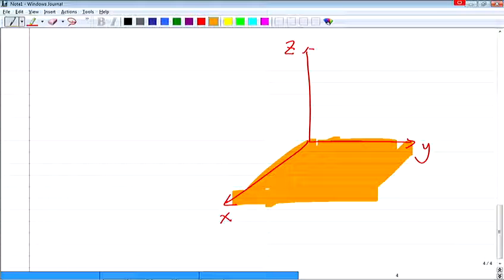It's like the base of a box. If you imagine you have a box with the 3 XYZ axes, then the base of the box is actually a plane. Now, how do we then talk about a plane?